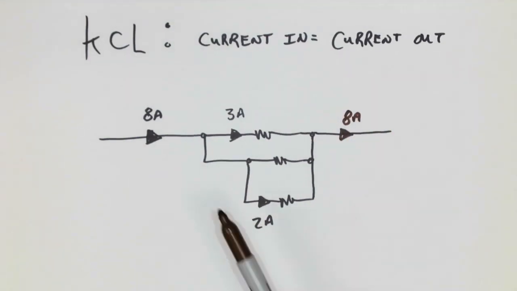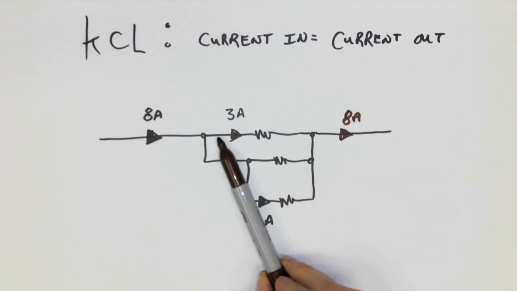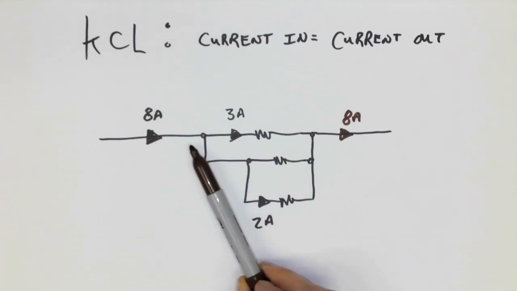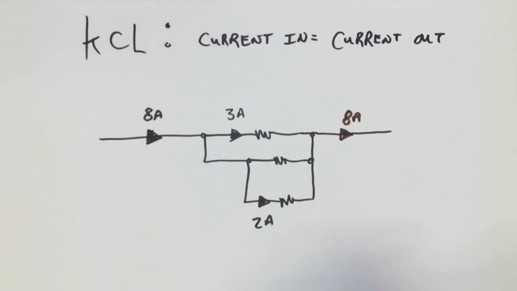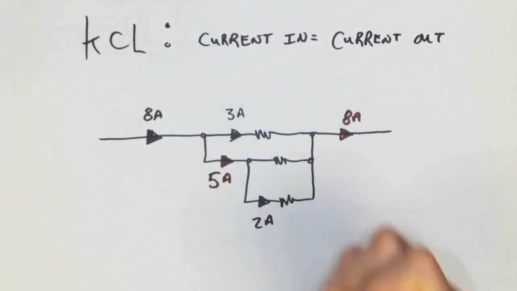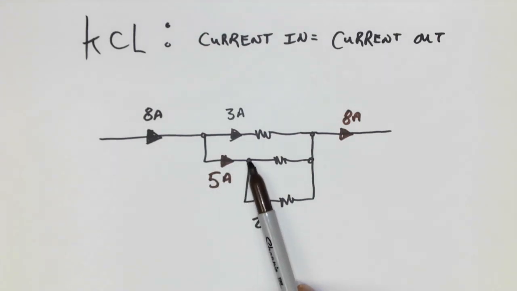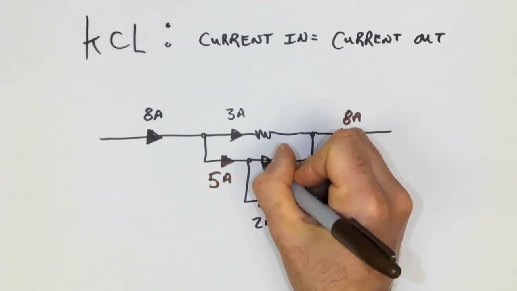Now, taking that a little further, if 8 amps meets this junction and only 3 are traveling to the right, then that would mean logically 8 minus 3 would give me 5 amps that must be traveling through this lower section. And to take it all the way, if 5 amps are then entering this junction and 2 amps are flowing down here, then that must mean 5 minus 2 giving me 3 amps traveling in this branch.